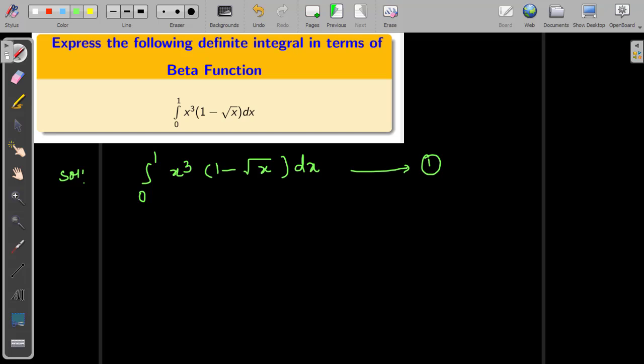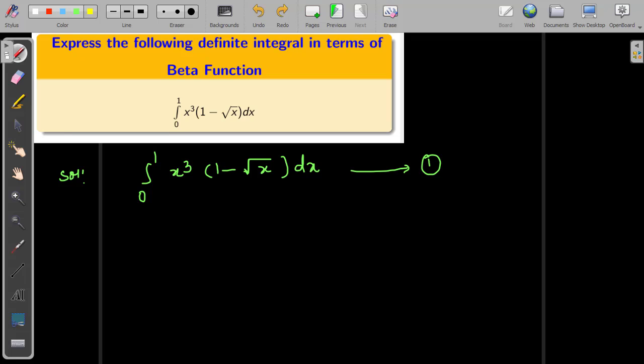Supposing this is equation number 1, again this can be written in the same beta function definition format, with limits 0 to 1. But here in place of 1 minus x we have root x, so this part we need to change by the substitution process.